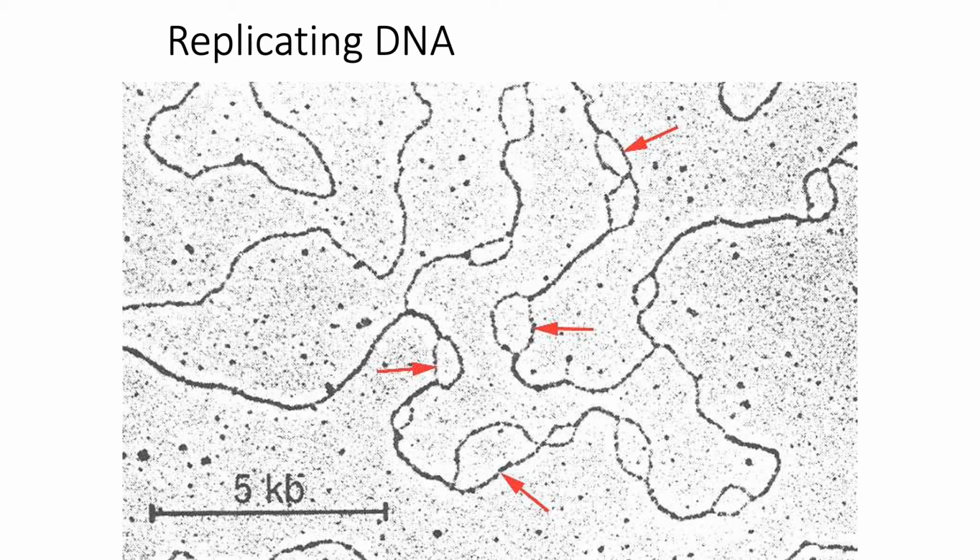Now, it's also known that in some organisms, like insects, there are many more active replication origins in early development than later on.